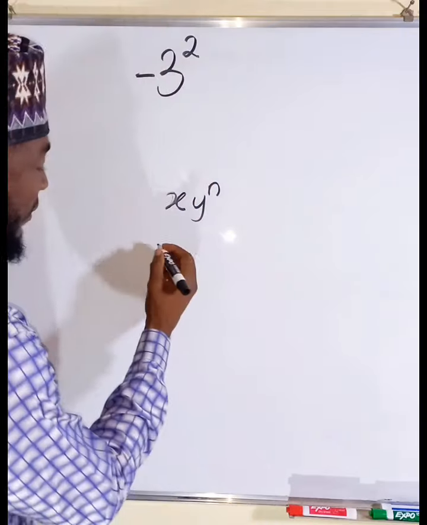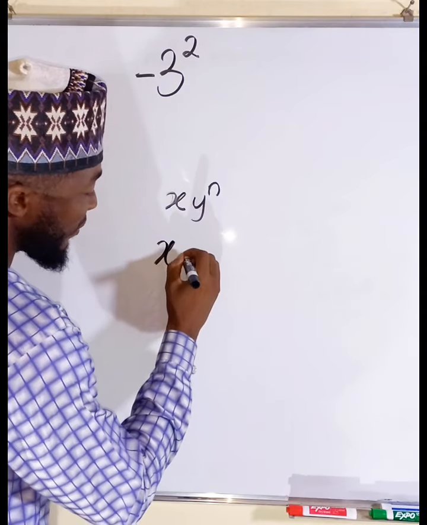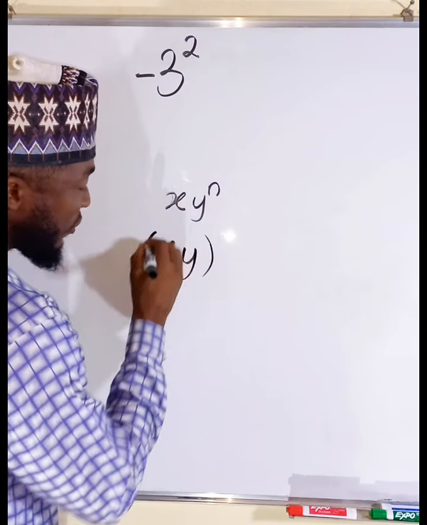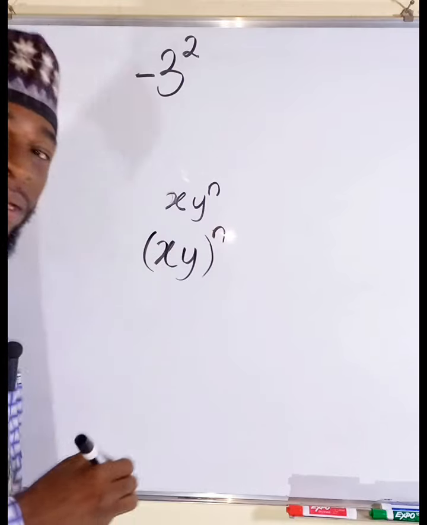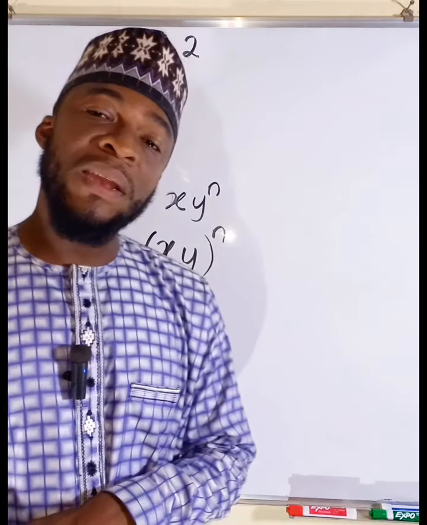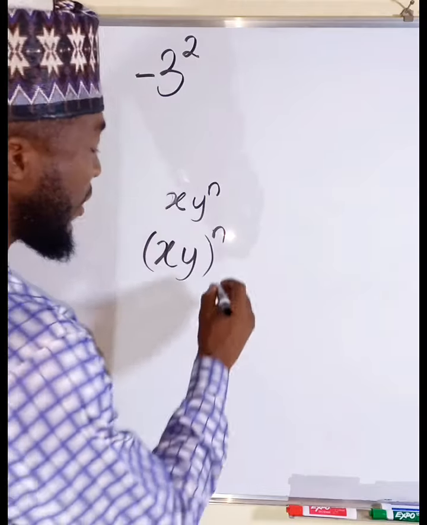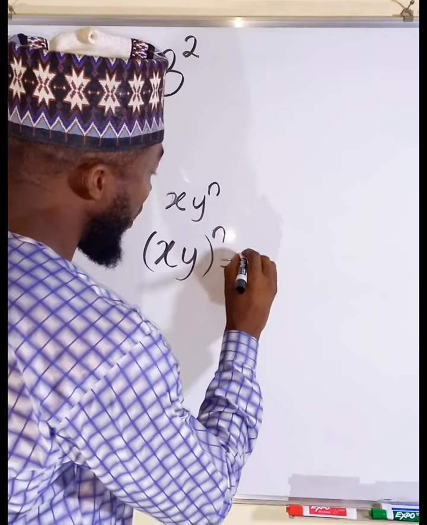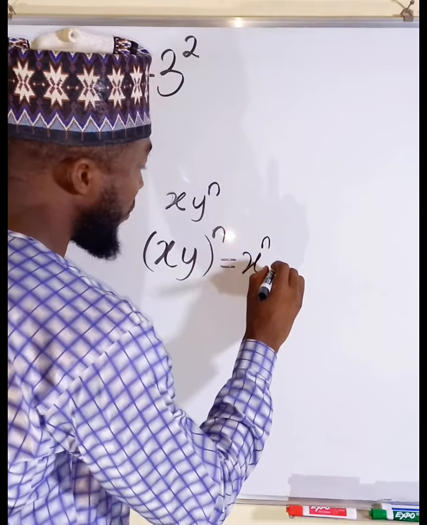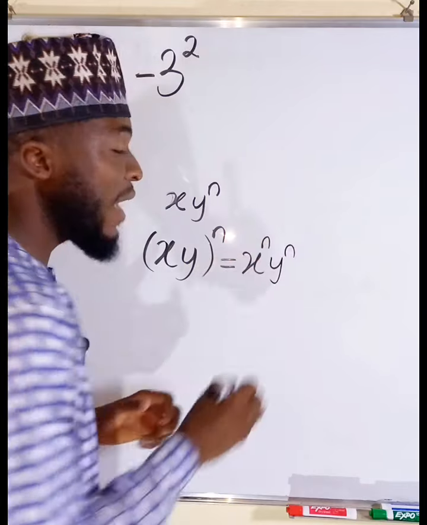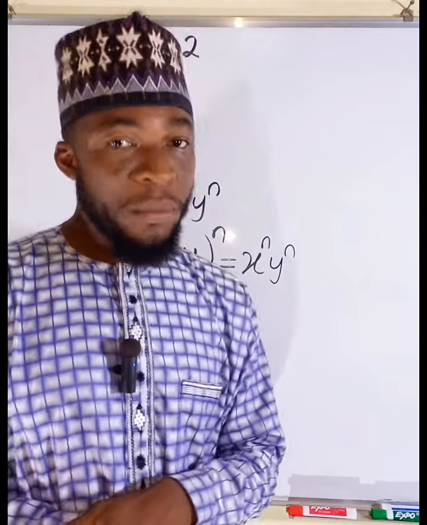But if I have (x multiplied by y) raised to the power of n, this exponent of n must be distributed upon x and y. So this is equal to x raised to the power of n multiplied by y raised to the power of n. This is a law of indices, remember.